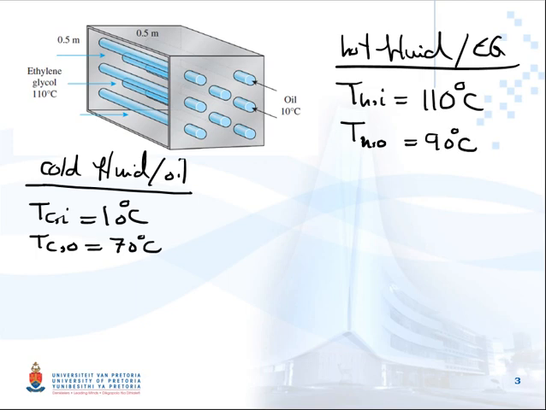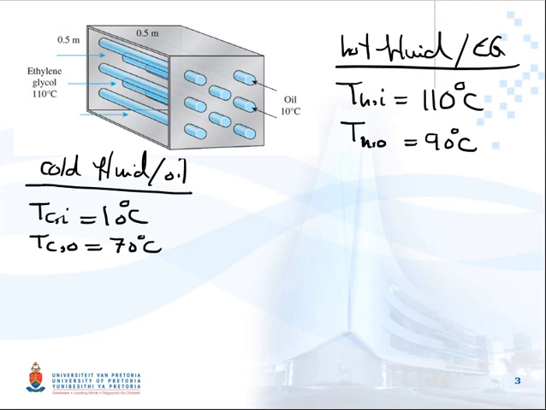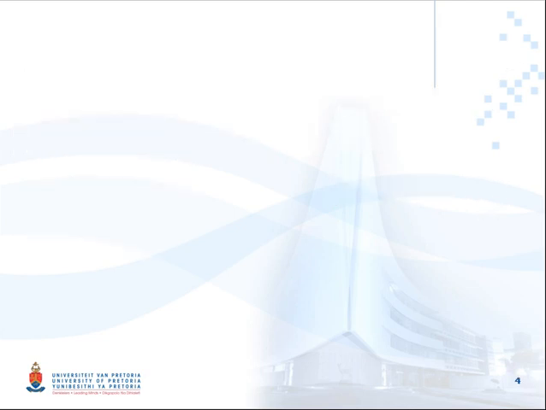From the question itself, we have the thermophysical properties of ethylene glycol. It's given. So rho is equal to 1062.